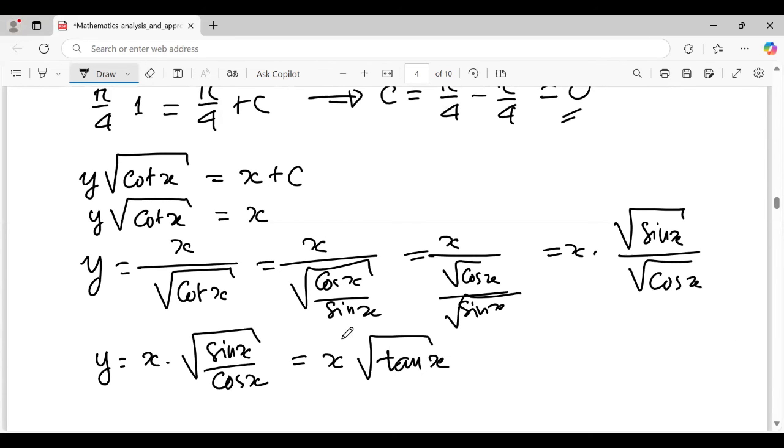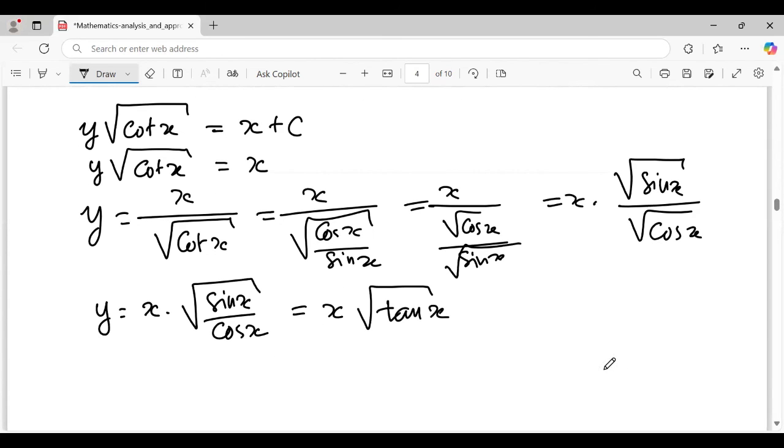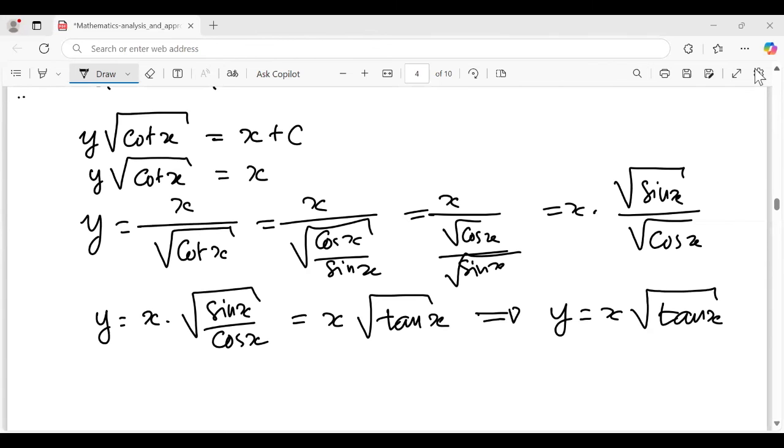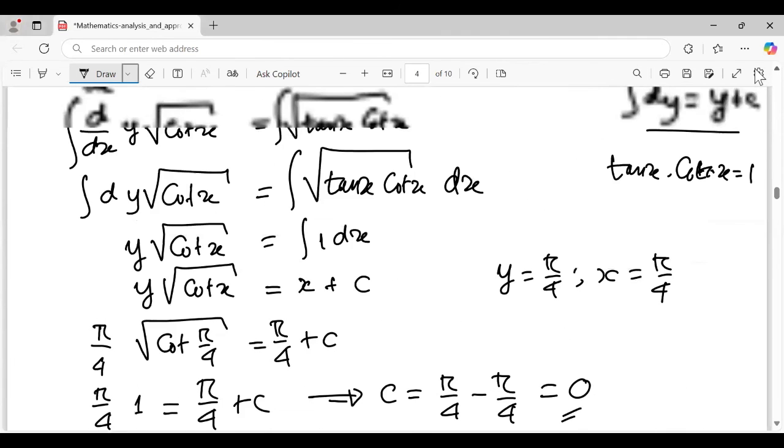So we have proved that y equals x square root tangent x.